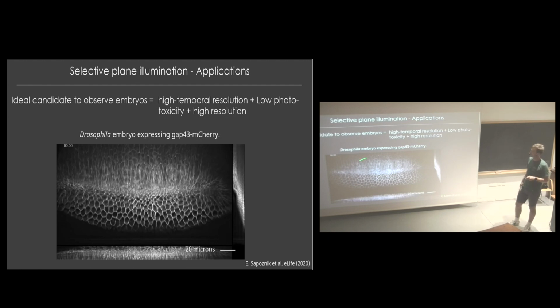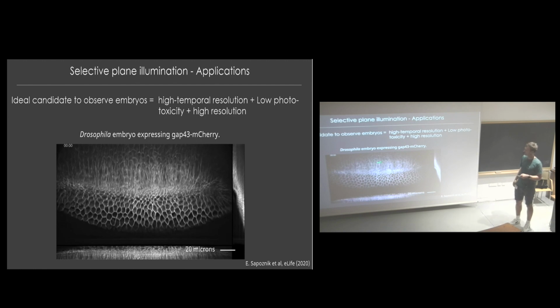And so typically, light sheet now is really the ideal candidate to observe embryos because you have a high temporal resolution, so you can really see sub-second events. There is low phototoxicity, so you can image at high speed over a few seconds, or you can image the development of embryos over minutes or hours or days, and you have a high spatial resolution.